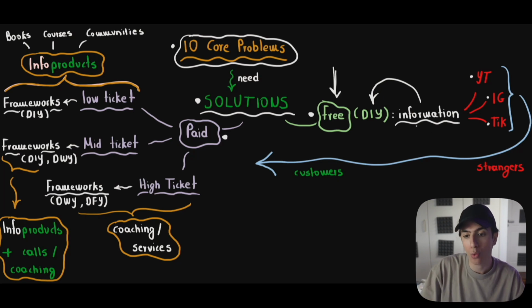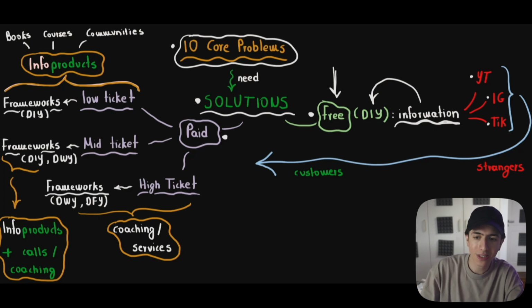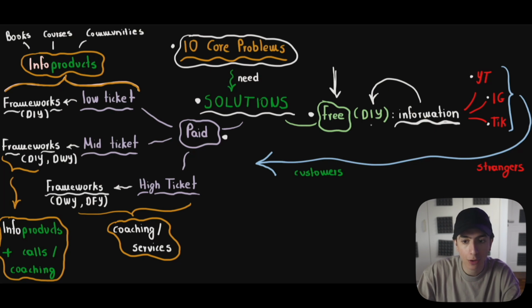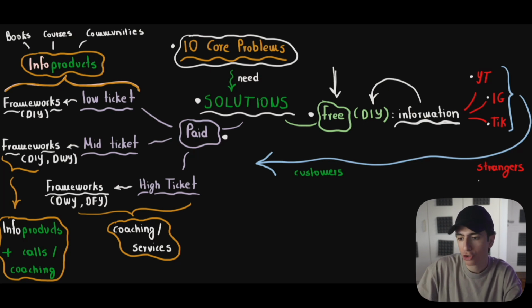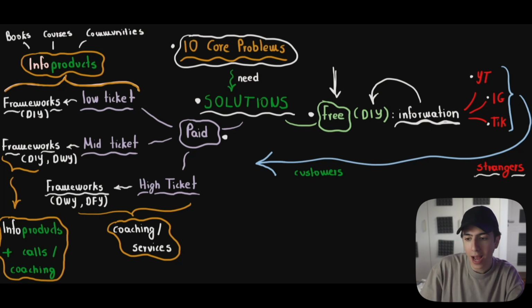So what happens next once we provide information on how to solve a problem for free? At the end of this video, I'm going to show you exactly what I would do in this diagram, for example in the niche of breathing techniques for finance, for investment bankers. So once we give information on how to achieve something by themselves, strangers that watch those videos and consume our content resonate with it, find value in it, and they gradually turn into customers.